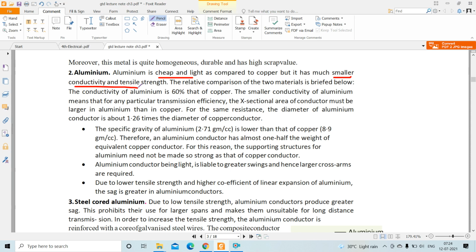The relative comparison of the two materials is that the conductivity of aluminium is 60% of that of copper.